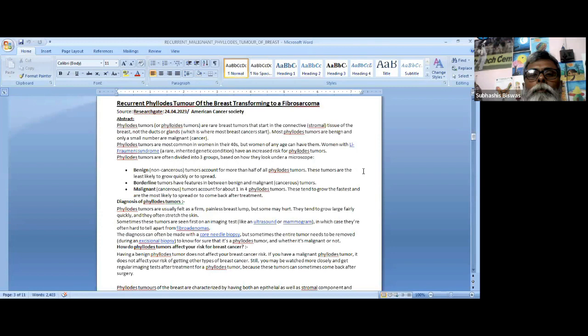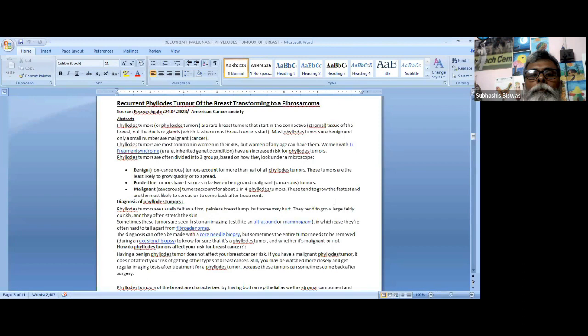But as it is a rare tumor with rare chances of malignancy, see, most of the cases of Phyllodes tumors are benign. Benign tumors account for more than half of all Phyllodes tumors. These tumors are the least likely to grow quickly or to spread.